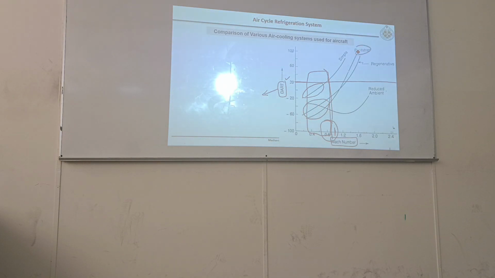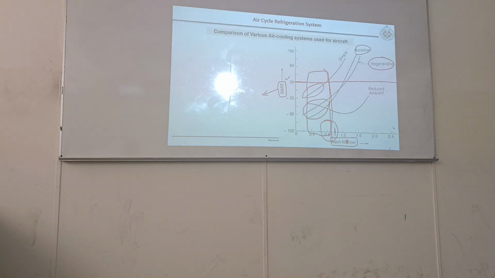These two can give you DART, but much lower, in negative. What are these two? Bootstrap and regenerative cooling. If you are taking some frozen food products with you, then a simple cooling system may not give you such low temperatures, so you have to use bootstrap and regenerative.